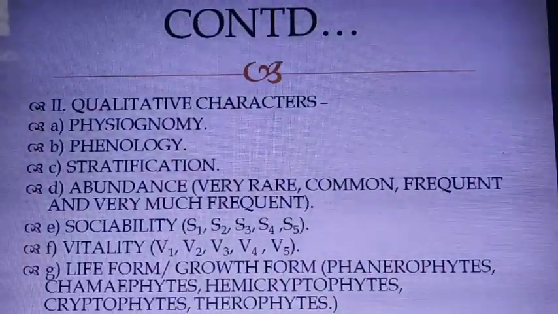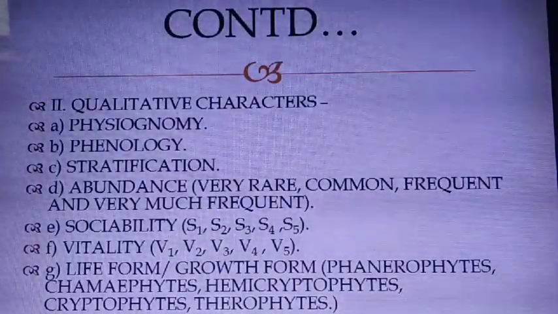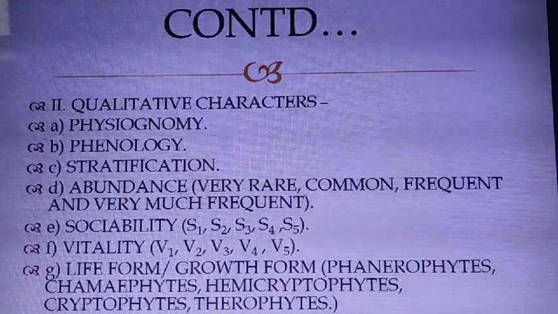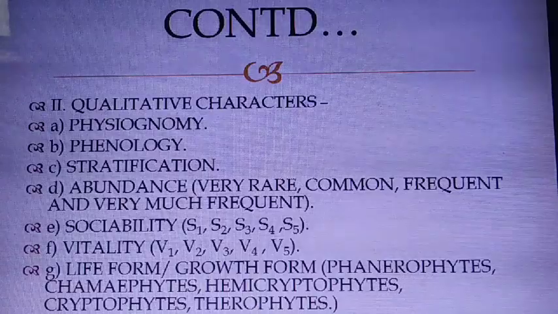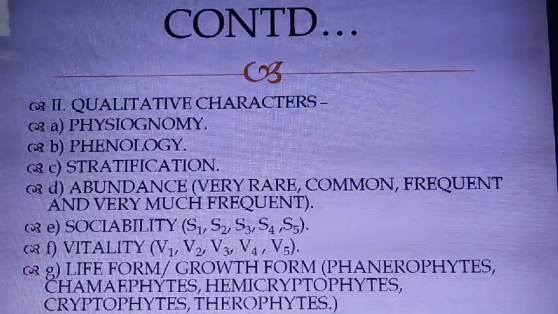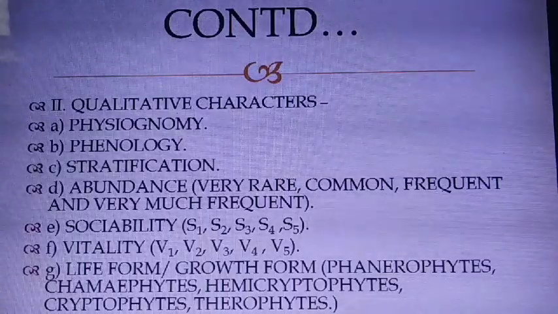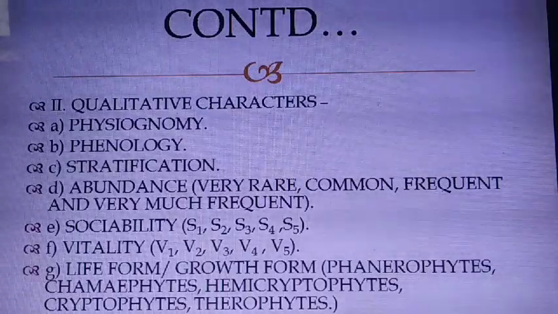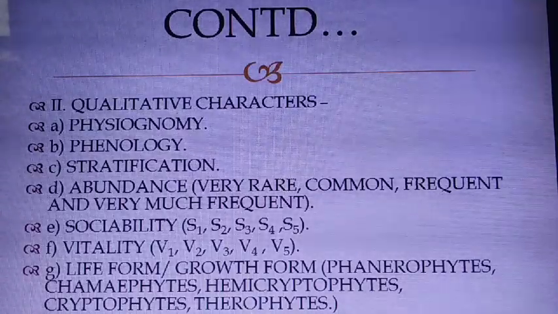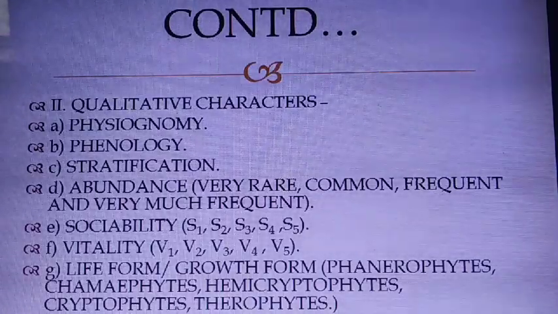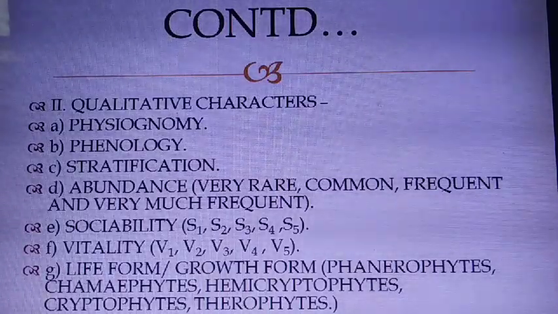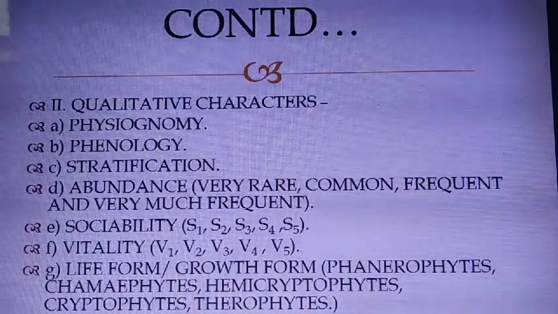After studying the quantitative characters of community ecology, now we come to the qualitative characters. The qualitative characters can be subdivided into the following heads, A to G: physiognomy, phenology, stratification, then again abundance, as you have studied in the case of quantitative.